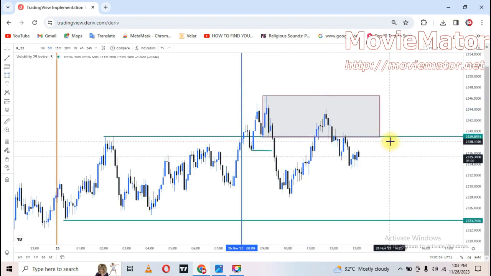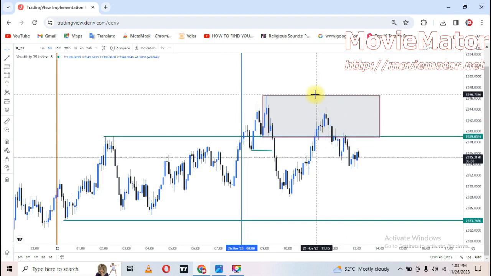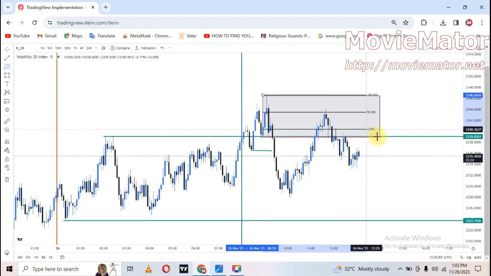So how will we take this trade? If we were to pick a trade here and put our stop loss here, the risk would be too wide. So I'll just pick my entry from 50% of the order block.